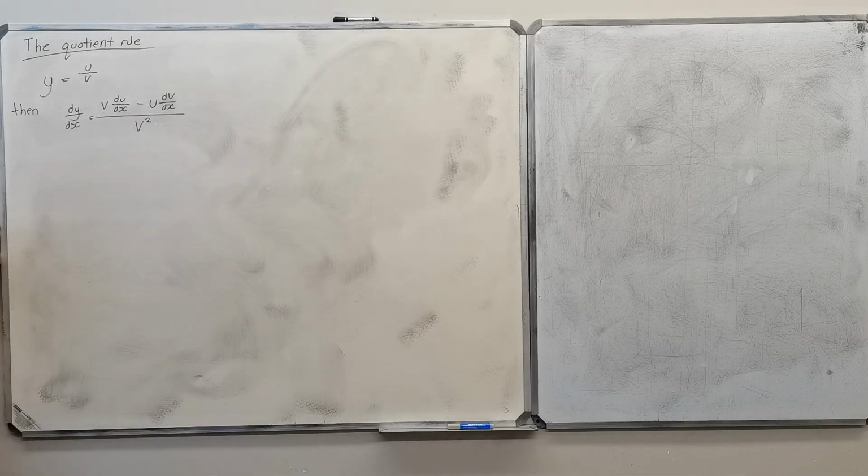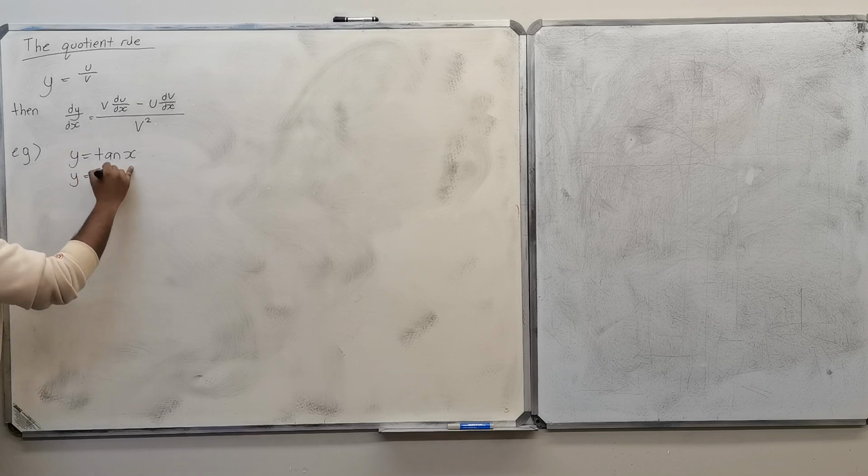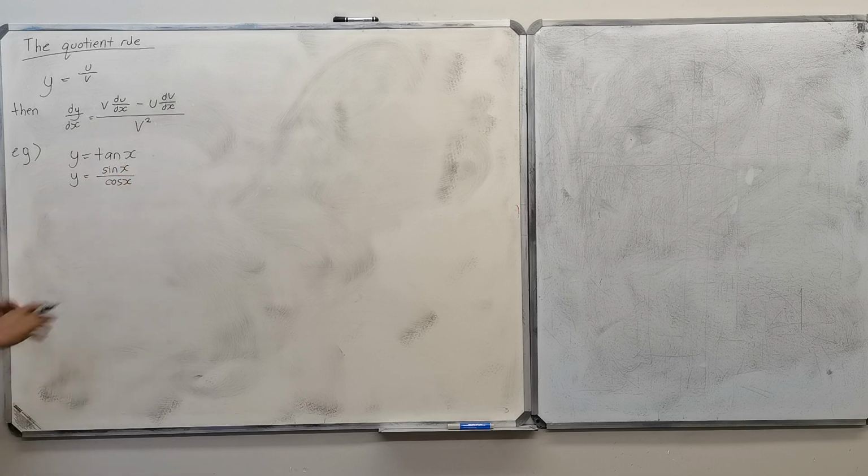Looking at this, they asked you to solve y is equal to tan x using the quotient rule. How are you going to use the quotient rule when you only have one term? Change the tan to sine over cos. Exactly, right? y is equal to sin x over cos x.